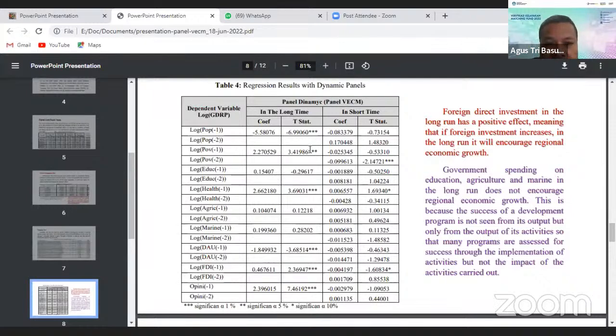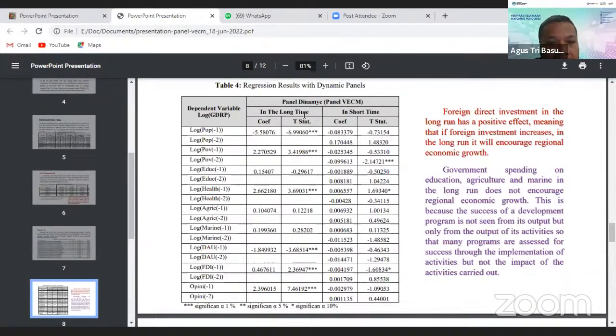You can see in the long term, the statistic shows that almost all the independent variables can affect GDRP.